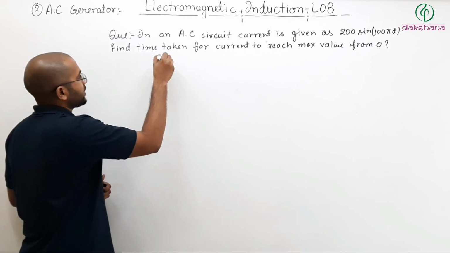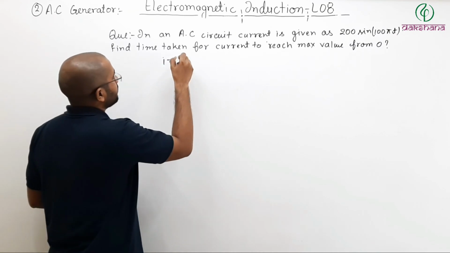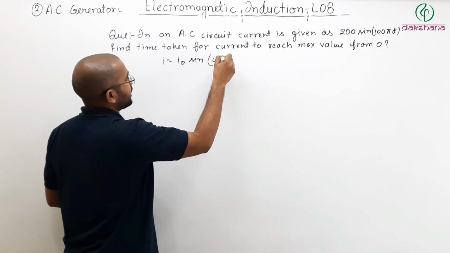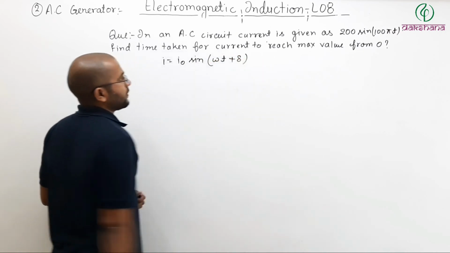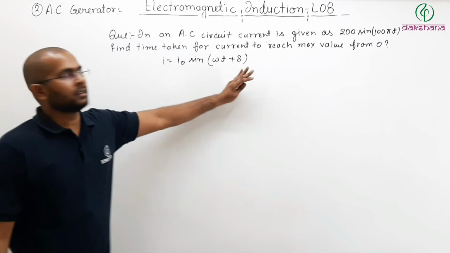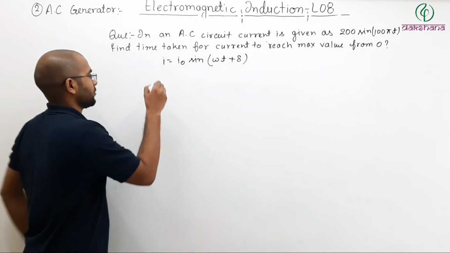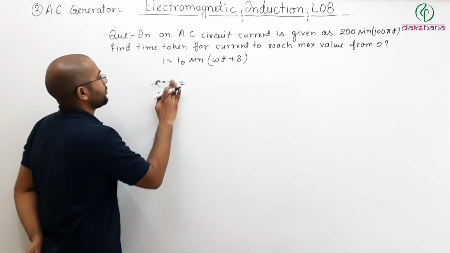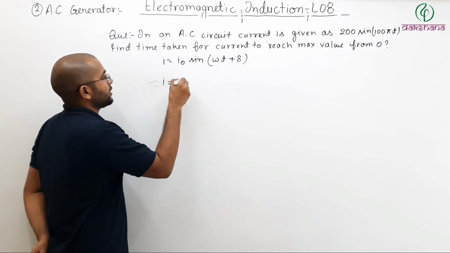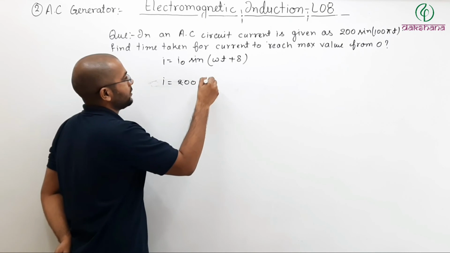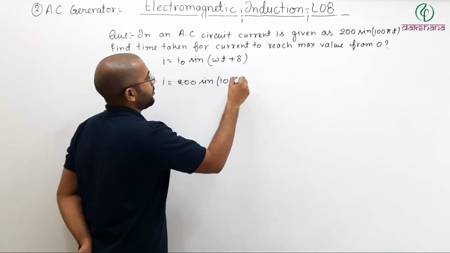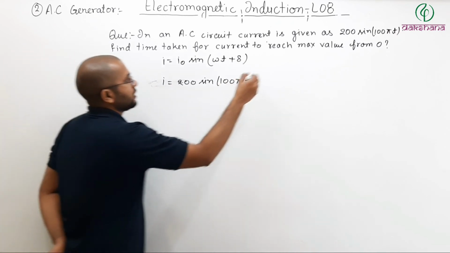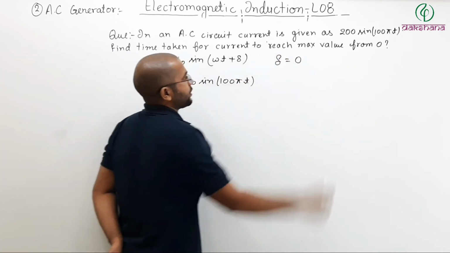Now, if you write the standard equation, I equals I naught sine of omega t plus delta, and compare, I equals 200 sine of 100 pi t, you will get delta equals 0.